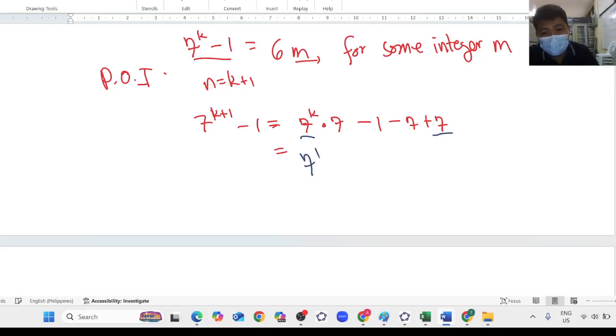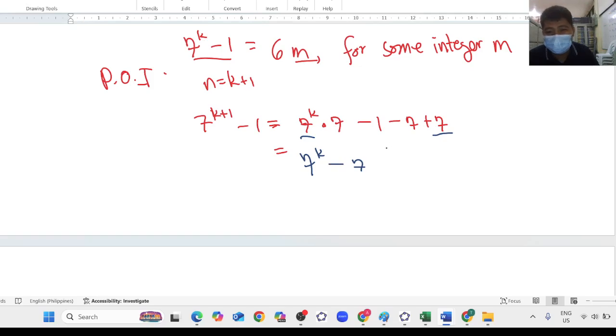So 7^k plus 7^k. Wait, sorry, baliktad. Should be negative 7, kasi need natin 7^k minus 1.